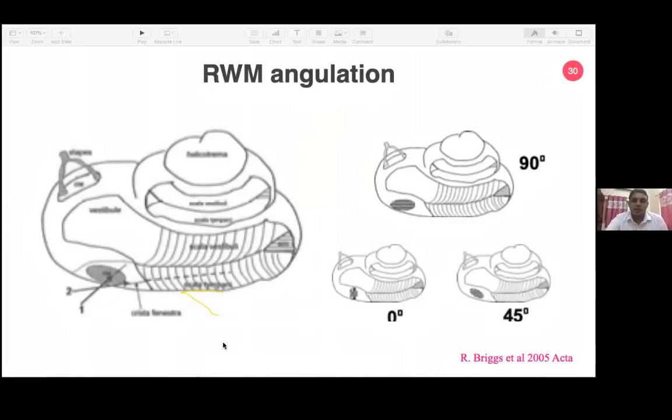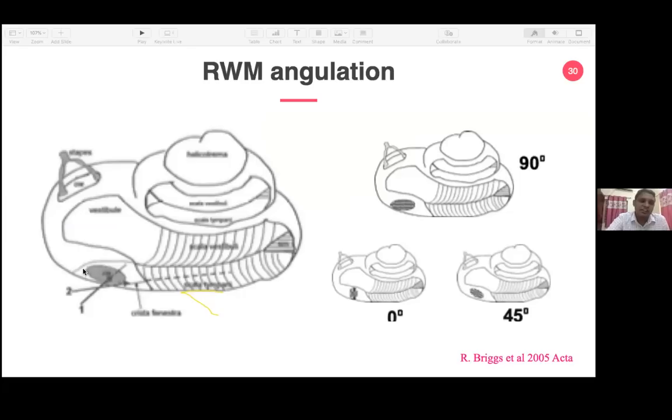Now, suppose one has to do a cochlear implant electrode insertion via the round window membrane. We have to identify and delineate the round window membrane in its entirety. But even if you have exposed it fully, it is not an ideal situation if the angulation does not permit you to go ahead into the scala tympani.